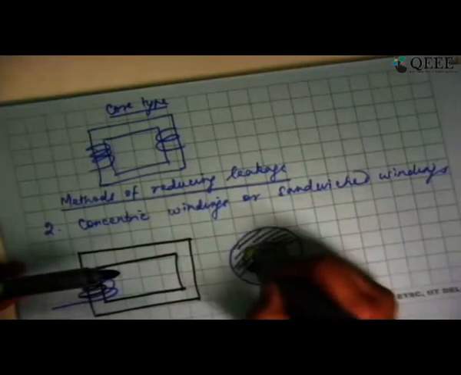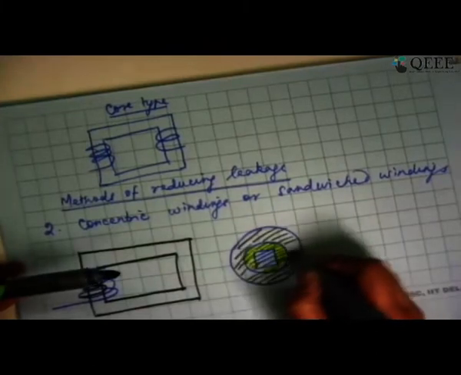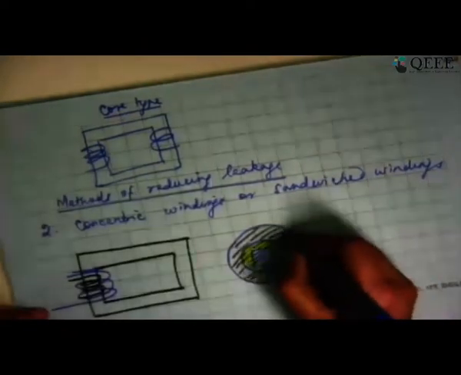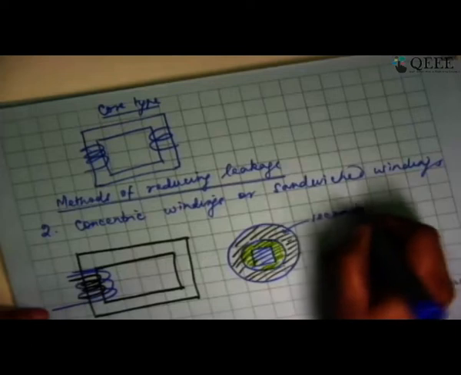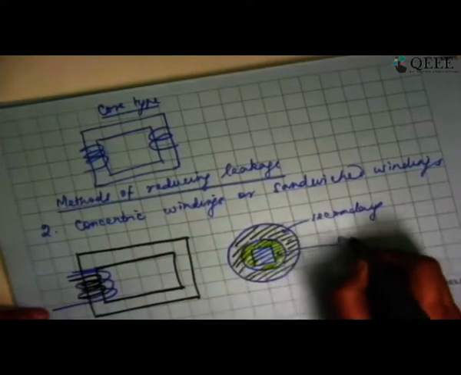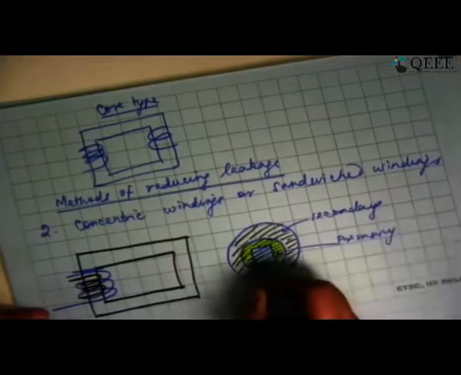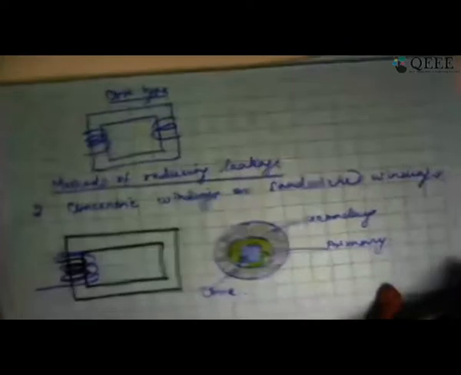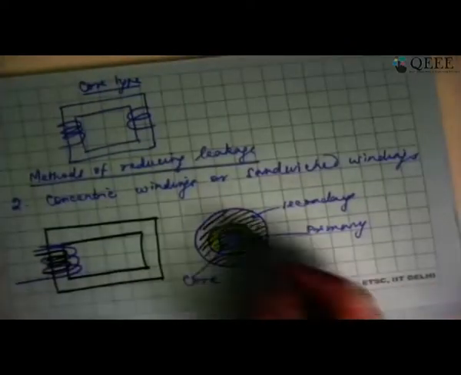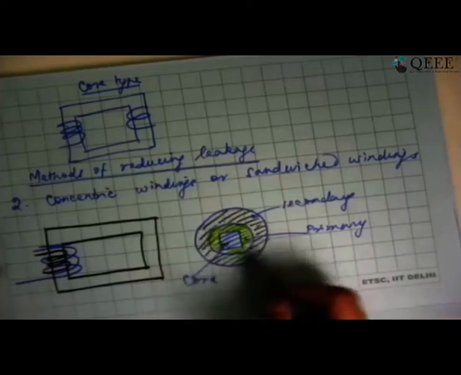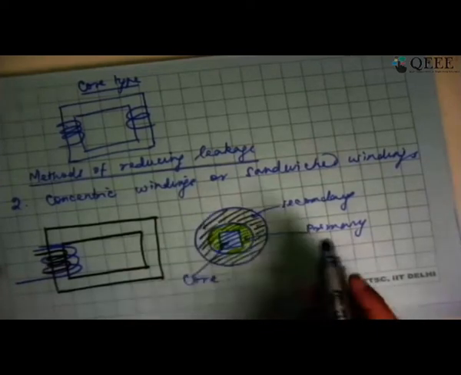The black color one, let me say, it is the secondary winding. So I'm going to have this as, say, secondary and this as primary. And this is the core. So this is how the windings are going to be arranged. This is why we call it concentric winding. One circle inside is probably primary, the other circle is secondary.